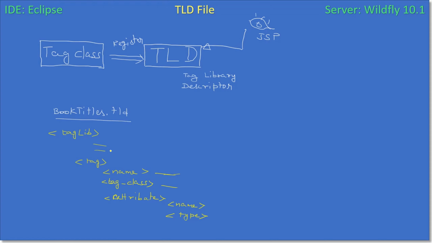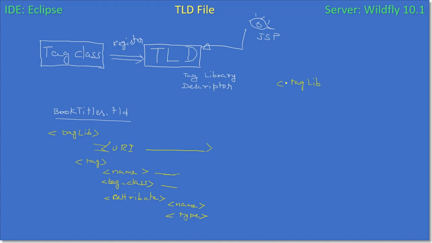If you see taglib, here we will specify the URI also. So the URI uniquely identifies the tag library. So when we talked about the JSTL core library, we often used this taglib in the JSP file, right?